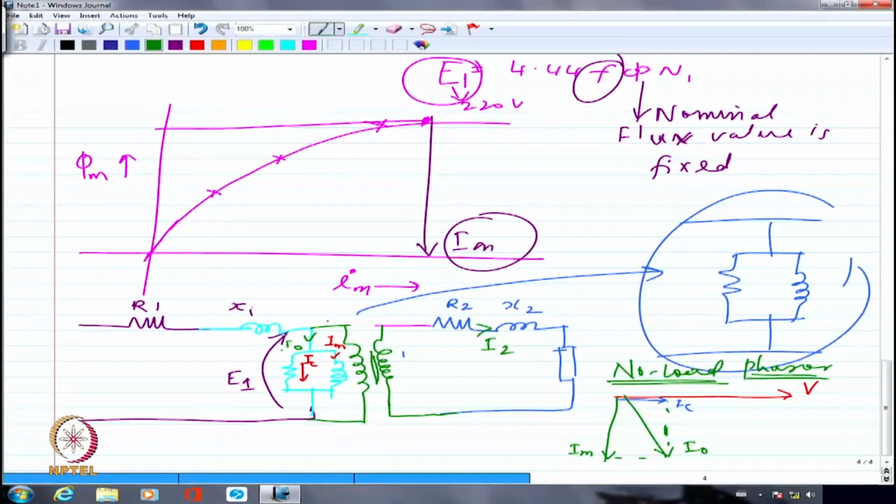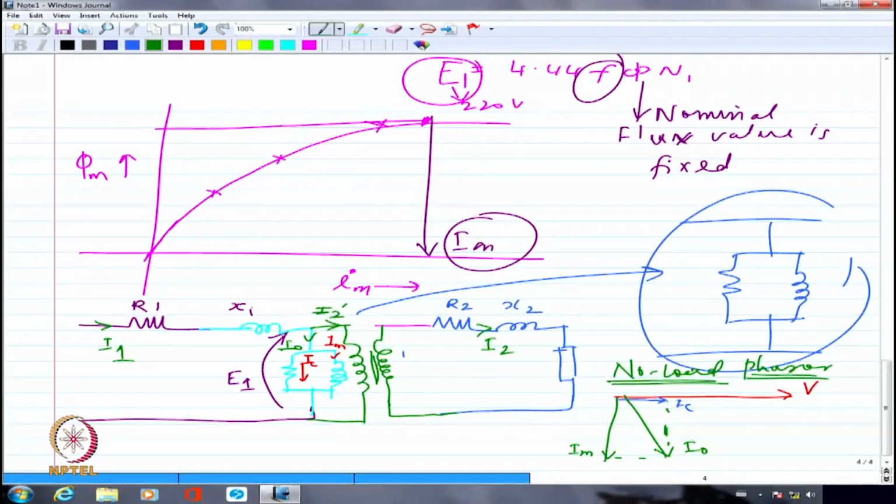There will definitely be I2 dash, or whatever is the reflected current from the secondary side into the primary. Now I2 dash and I naught together make up I1. Of course, I naught is really small. That's why we were able to neglect it. We wrote V1 I1 equal to V2 I2.